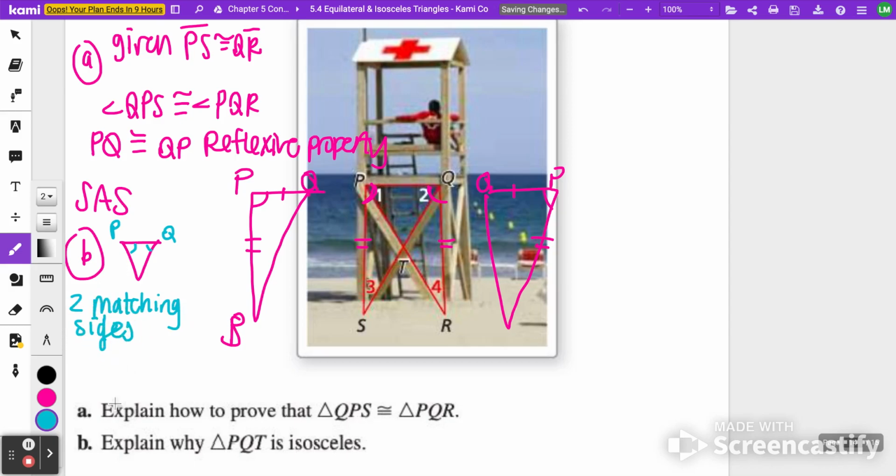So that means probably if we look at angle P is across from QT, so QT is congruent to angle Q is across from PT, PT. So that would mean it's isosceles because it's two matching sides due to the two matching angles.